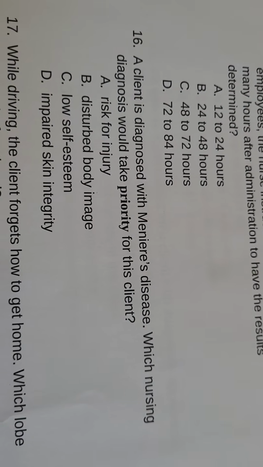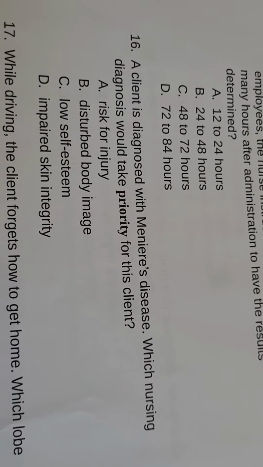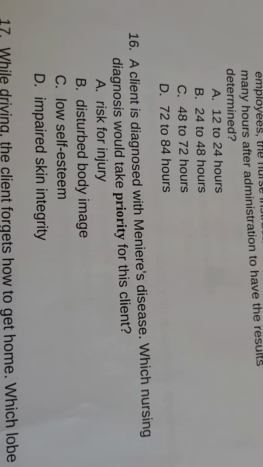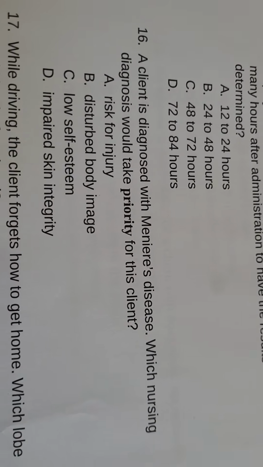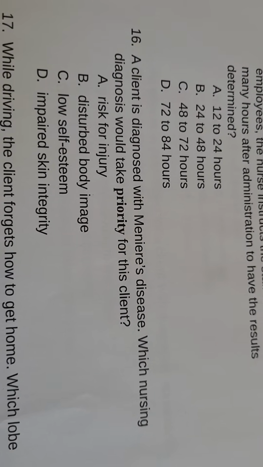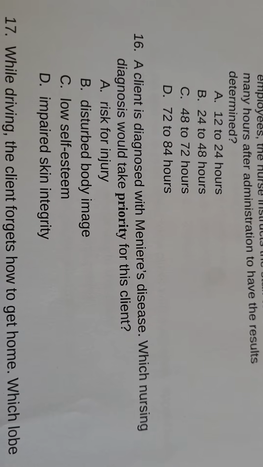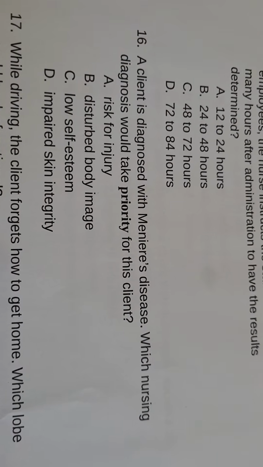So I will go with option A, the risk for injury. Why? Because Meniere's disease actually occurs when the pressure of the fluid in the inner ear gets too high. Due to this, the client is at risk for injury. Why is he at risk for injury?